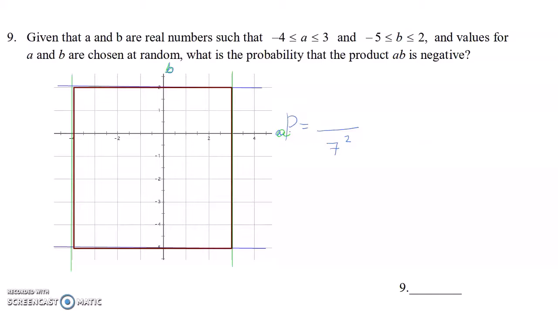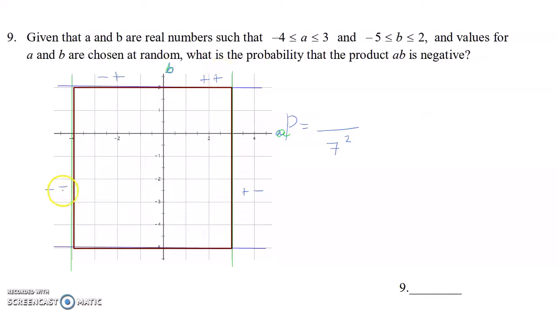And then my winning region. It says, what is the probability that the product AB is negative? Well, in the first quadrant, you're plus plus. In the second, you're negative plus, then negative negative, then plus minus. So when we multiply two positive numbers together, we get a positive outcome.